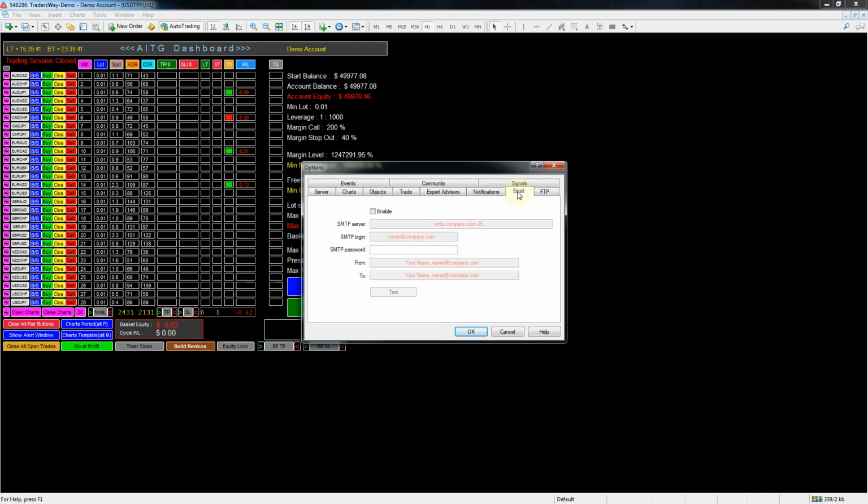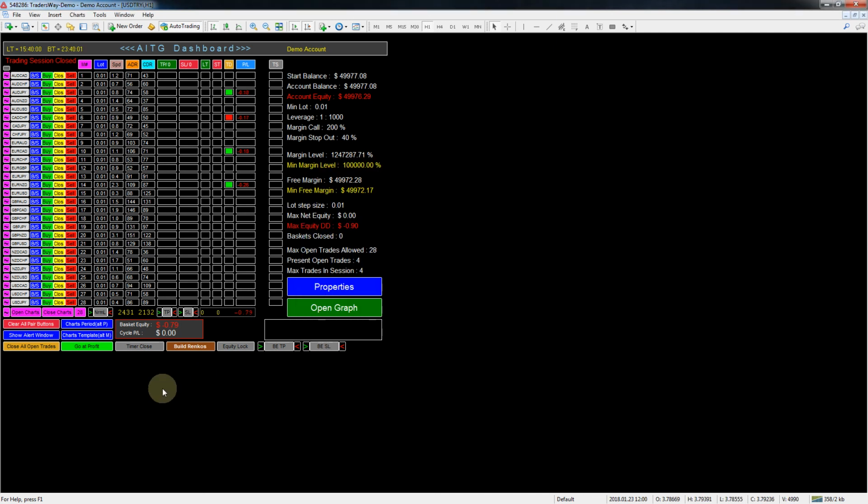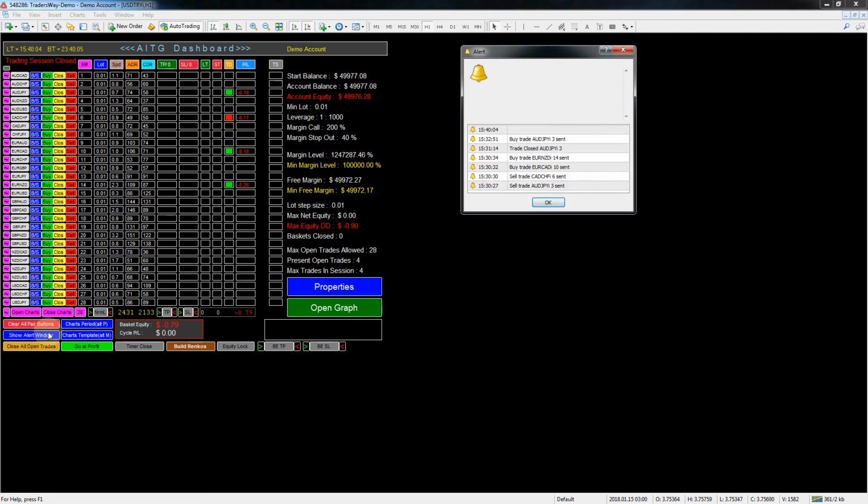And here's where you set up your email, if you want to send an email to somebody or yourself or wherever. So that's where you set those up. You've got to set these up or otherwise those will not work. The pop-up will work, but like I say, if you turn it off, it's not going to show anything when you click on this show alert window, because it'll just come up empty.